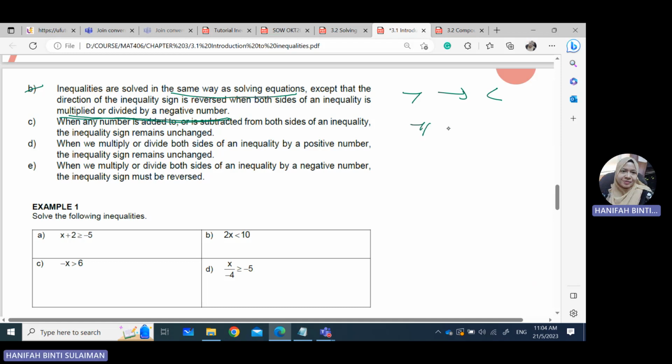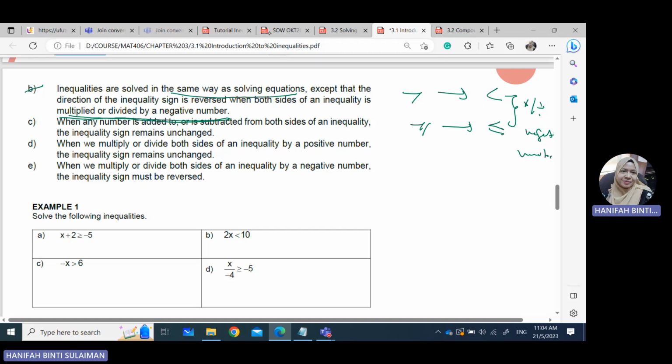From greater than or equal to, it can change to less than or equal to. Benda ni hanya berlaku apabila kita darab ataupun bahagi dengan negative number. Okay? Untuk case positif tu tak ada masalah.